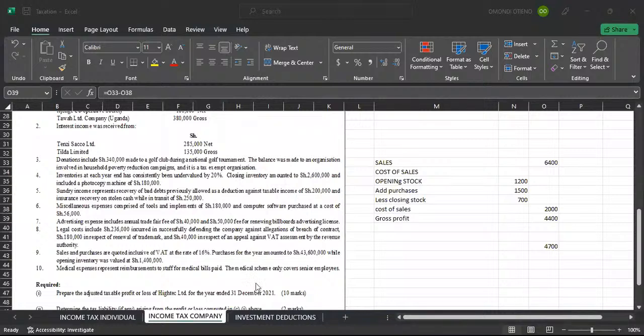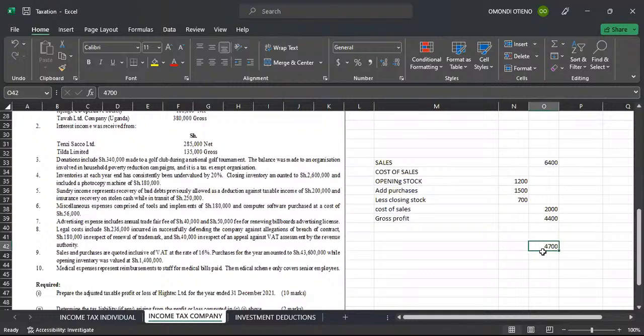If you put the real value of closing stock, our real profit is now 4,400. It means putting the photocopying machine as part of the closing inventory exaggerated our profits.